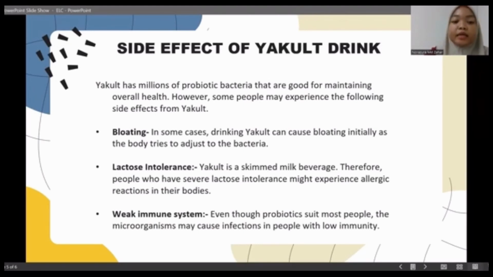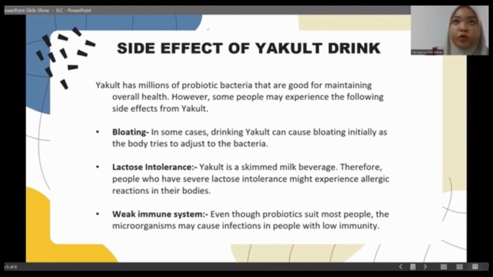The second is lactose intolerance. This is because Yakult is made from milk. Therefore, people who have severe lactose intolerance might experience an allergic reaction in their bodies. The third is the immune system. Even though probiotics are good, the microorganisms may cause infection in a body with low immunity.